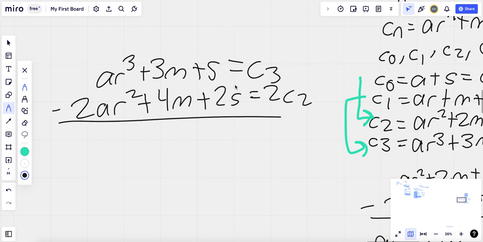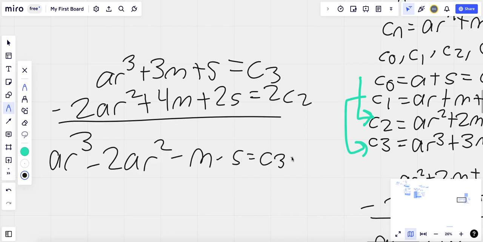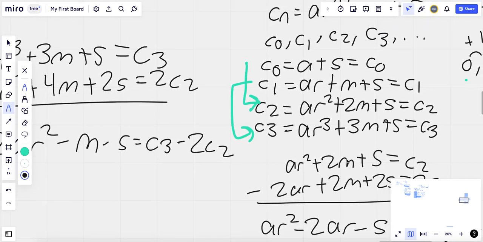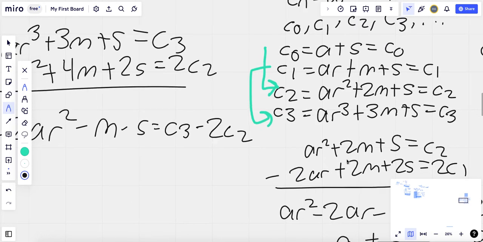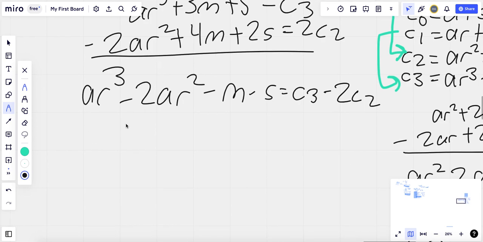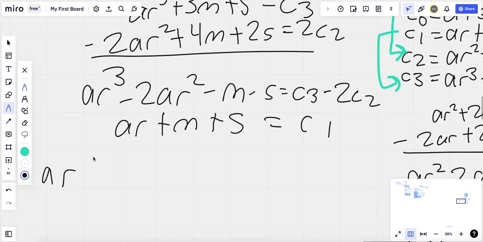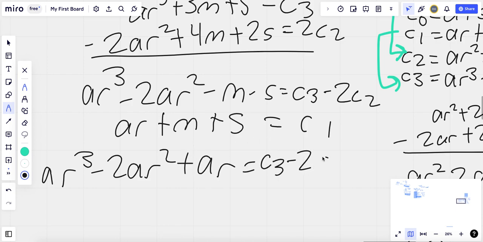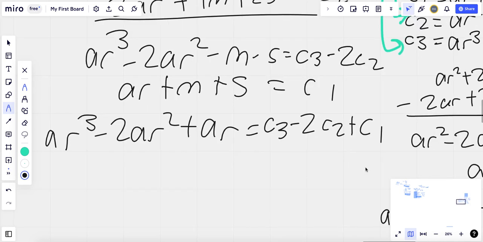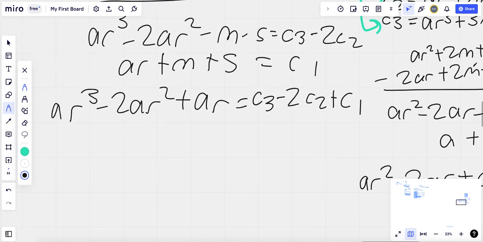Now I subtract the 2, and I have, and now I'll add C1, AR plus M plus S equals C1. M and S cancel. And now we have two equations now. And this one is also only in terms of A and R, which is really good.